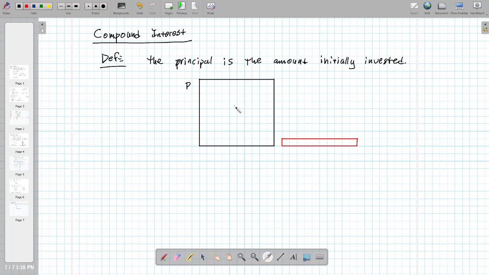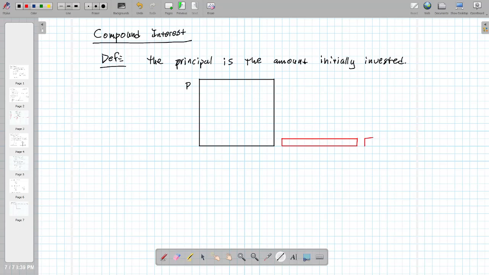Now, what we do now is we add this into our principal, so that when it comes time to compound our interest a second time, we take 10% of this, but also 10% of the interest that we've already compounded. So as of right now, we have 10 by 10. So this is 100 squares, and then we have another 10 squares here, right?